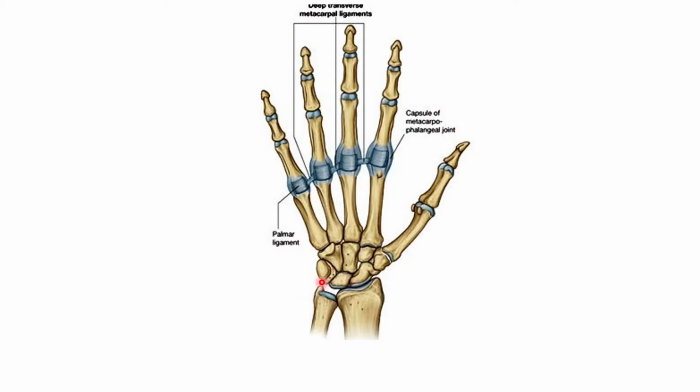There is no connection between the lower end of the ulna and the carpal bones. Hence, the ulna doesn't take part in formation of the wrist joint. The scaphoid, lunate and the triquetral take part in the formation of the joint over here.